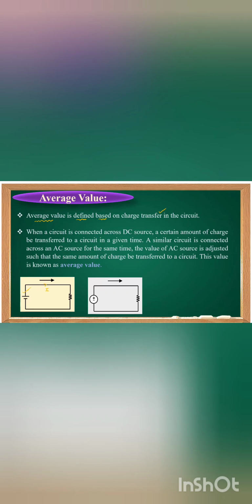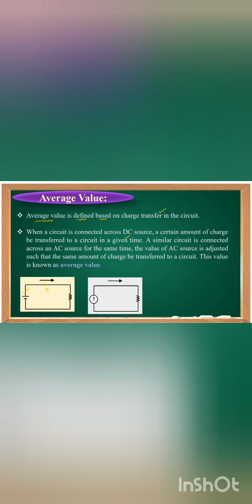When the current is flowing, a certain amount of charge is transferred to the circuit in a given time. Whenever a DC source is connected, for a given time, a certain amount of charge is transferred.